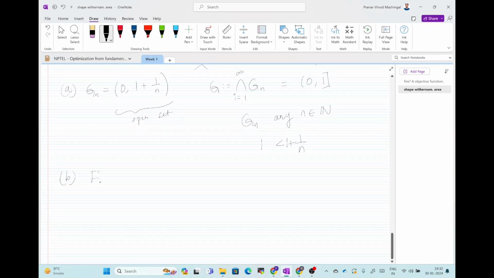Let's suppose f n is equal to 1 by n comma 1. Okay, so this is a closed set. And will the union be open or closed or neither?